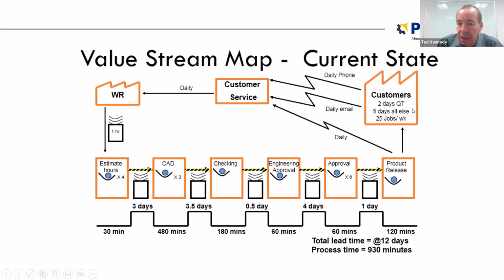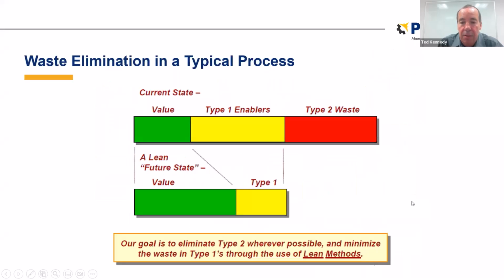So again, this is the current state that we just went over, which shows the 12 days and 90 to 30 minutes to do this process. So there's lots of non-value added delays in this. What we're looking for is to try to get rid of waste. Typically, there's lots of waste in a system.